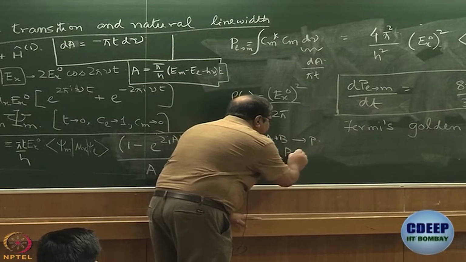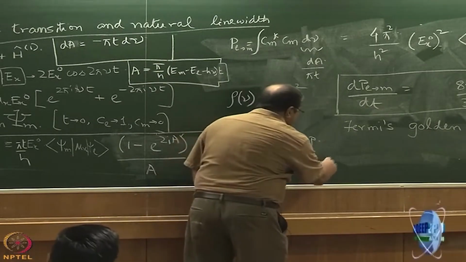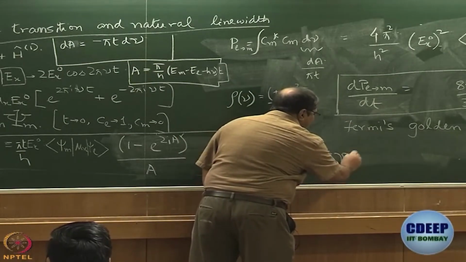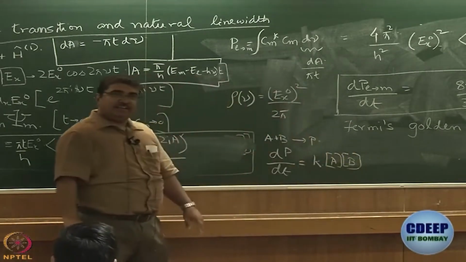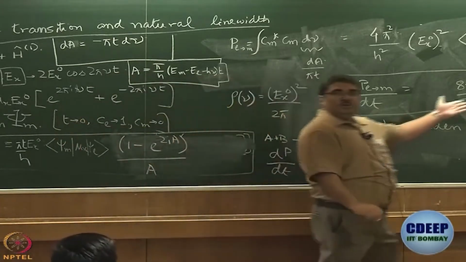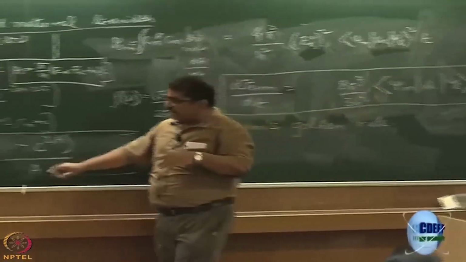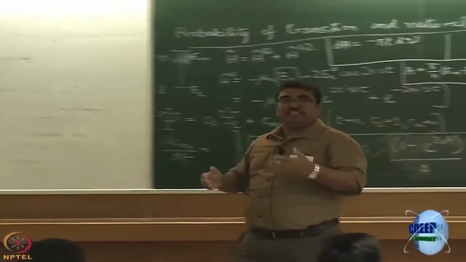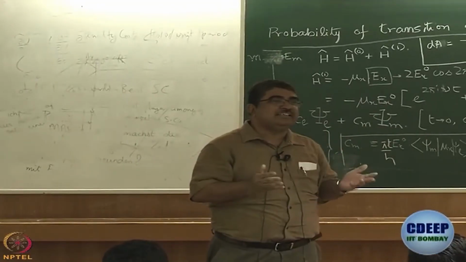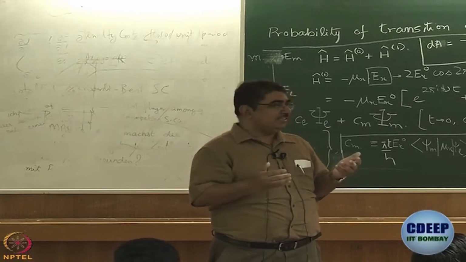Then you can write dP dt is equal to some constant k multiplied by concentration of A multiplied by concentration of B, right? Which is exactly similar in form to your Fermi's golden rule. So, Fermi's golden rule now lets us move towards a territory where you can do some very easy kinetic treatment and get some idea about the transition.